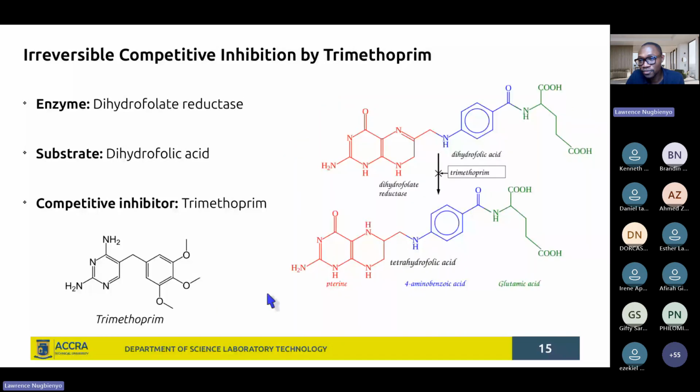All right, now let's take the last arrow, because if you pay attention, dihydrofolate reductase. Dihydrofolic acid was getting reduced.